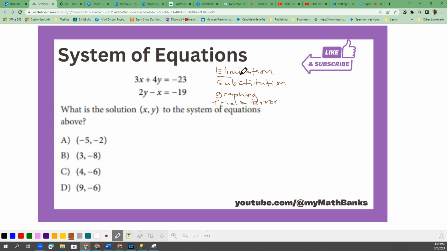All right, so when I eliminate, I want to be able to add the equations and eliminate one of the variables. So I could probably eliminate y.